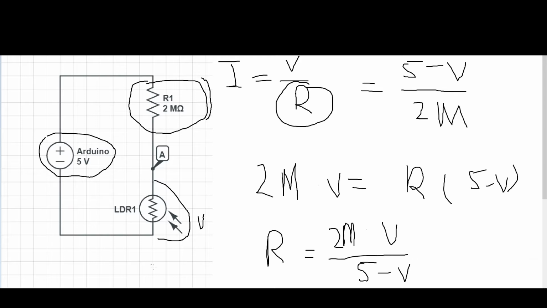Arduinos don't measure voltage from 0 to 5 volts. What they do is they measure a digital signal, and that digital signal can range between 0 and 1023. This corresponds to a range between 0 and 5 volts.